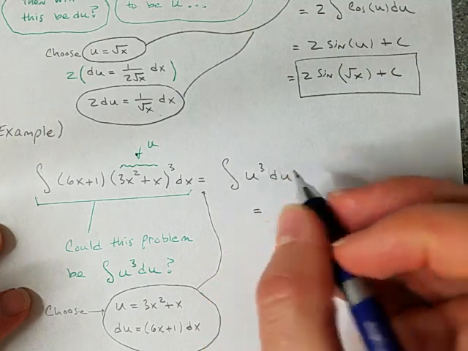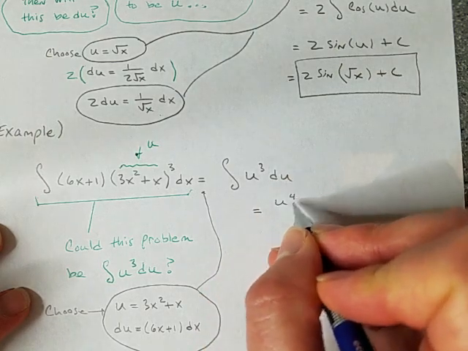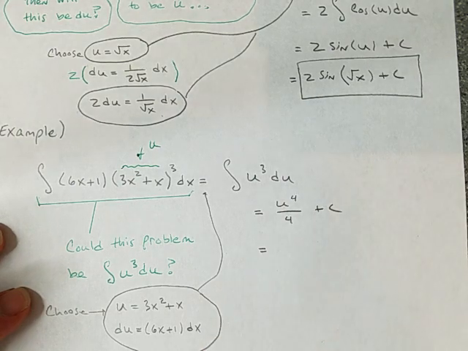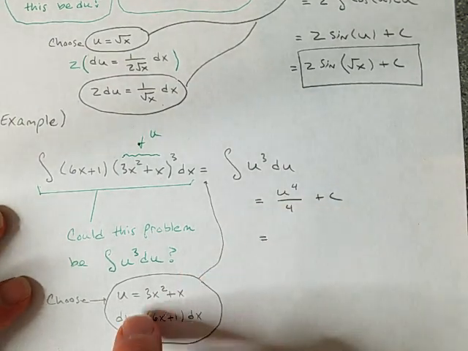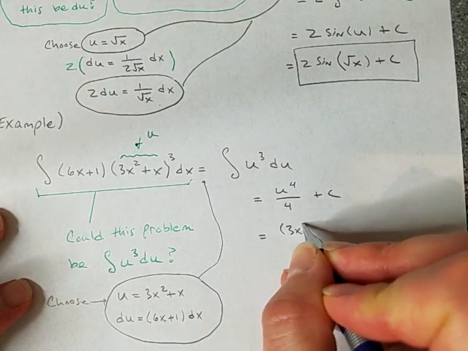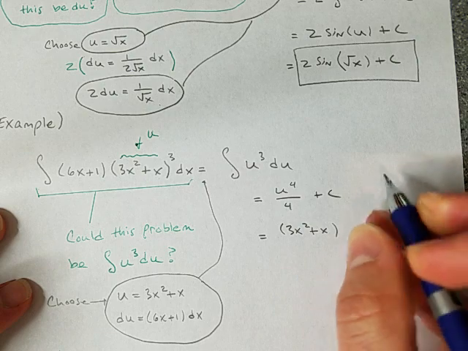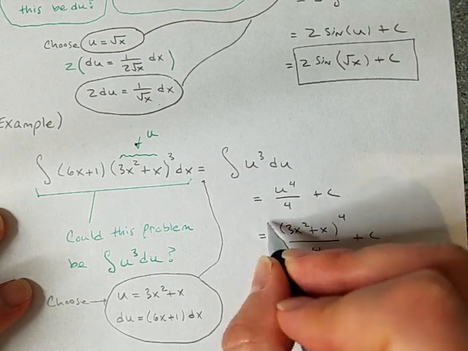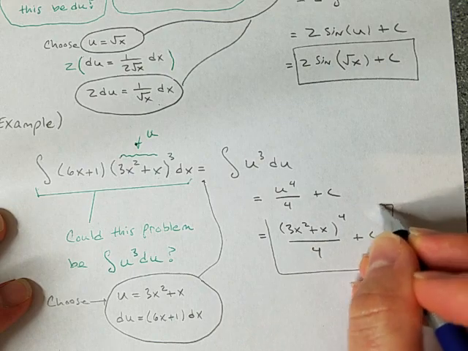Yeah, the antiderivative of u to the third power du is u to the fourth power over 4 plus c. And since u is the same as 3x squared plus x, we'll get 3x squared plus x to the fourth power over 4 plus c. And that will be our answer.